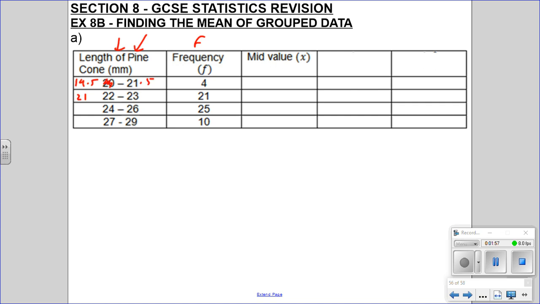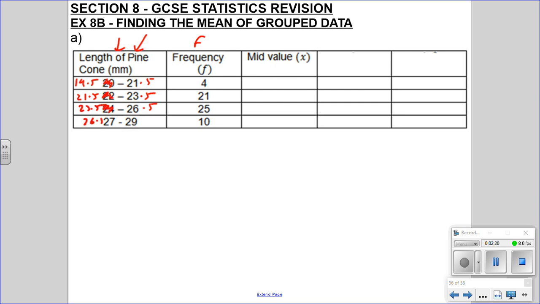And therefore 22, which has a lower bound of 21.5, can go to 23.5. So now there's no gap between any number. If I did have 21.3, I know that needs to fall within this category here. So your first thing is always to check whether the group data is continuous and there's no gap between numbers. So all of this needs to change.